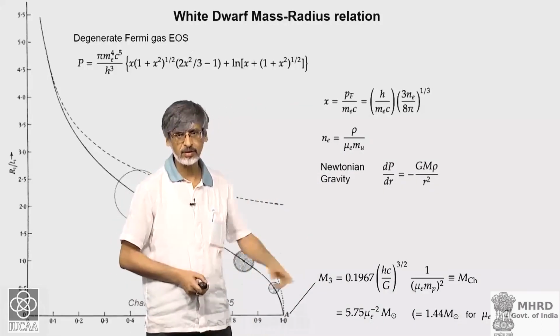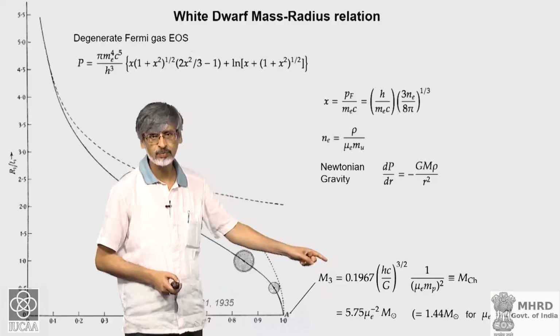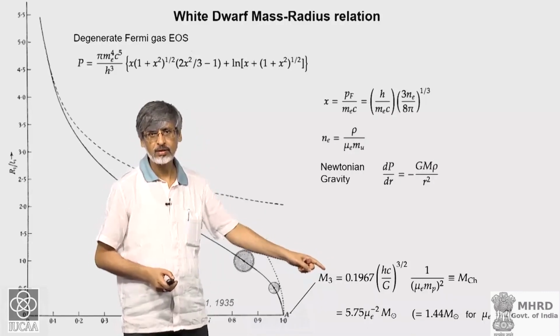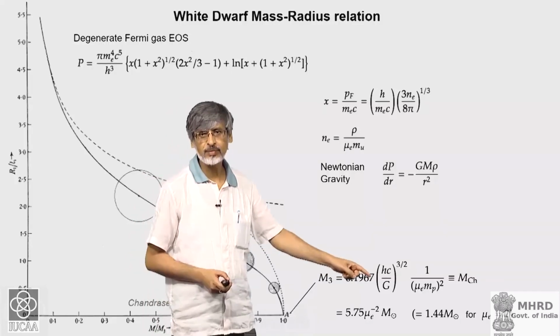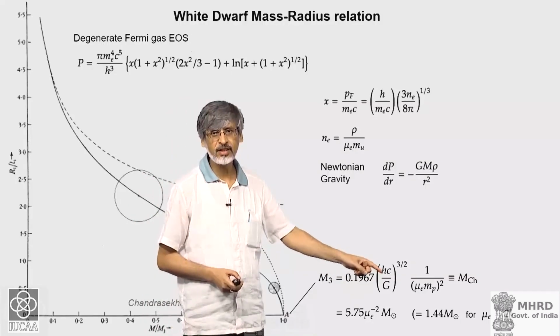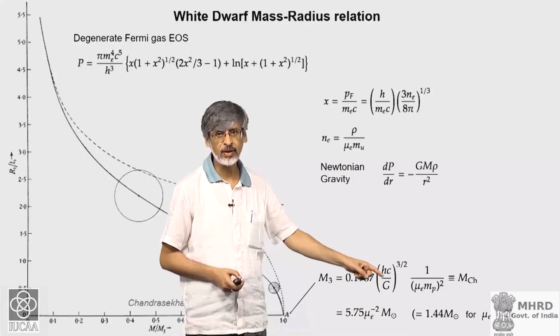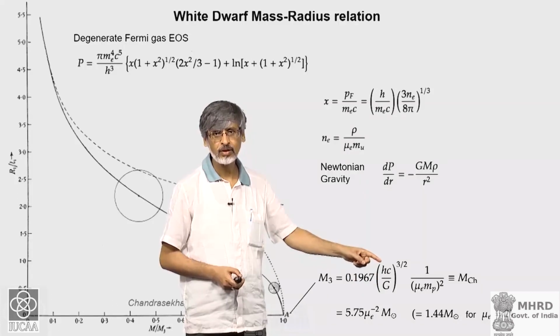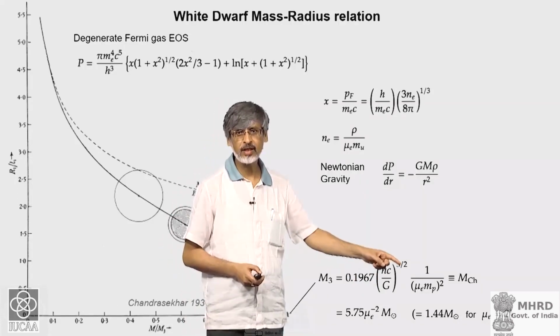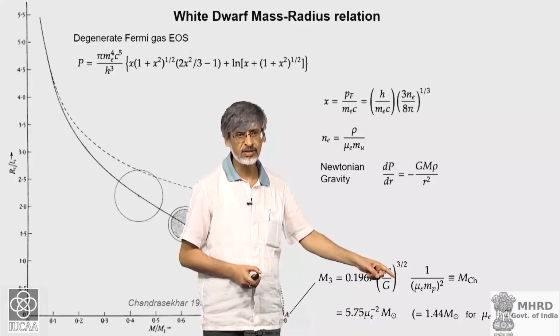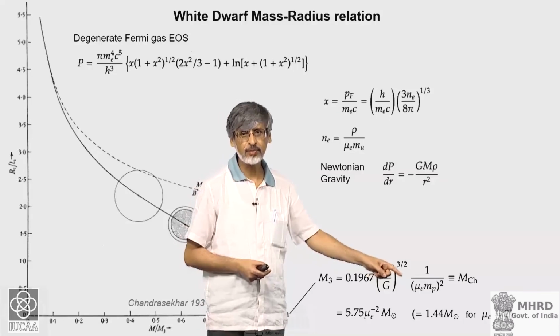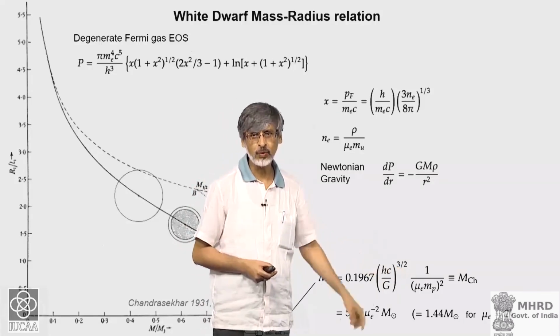which is now shown here, which is a number constant times hc over G, where h is Planck's constant, c is speed of light, G is gravitational constant, to the power of 3 halves times 1 over mu e, which is the mean molecular weight, times proton mass squared.